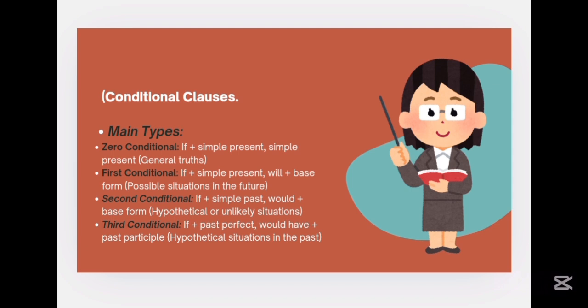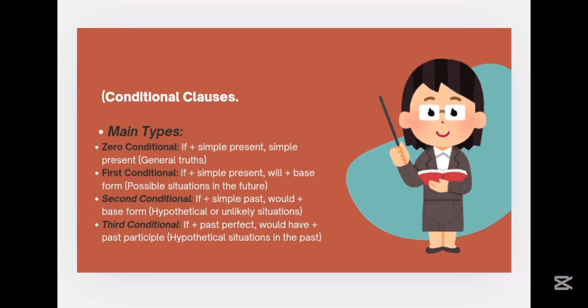A conditional sentence in English expresses different degrees of possibility or certainty. We start with the zero conditional. The form of the zero conditional is if, present simple, present simple, and it expresses general truths, scientific facts, habits, and things that always happen under certain conditions.